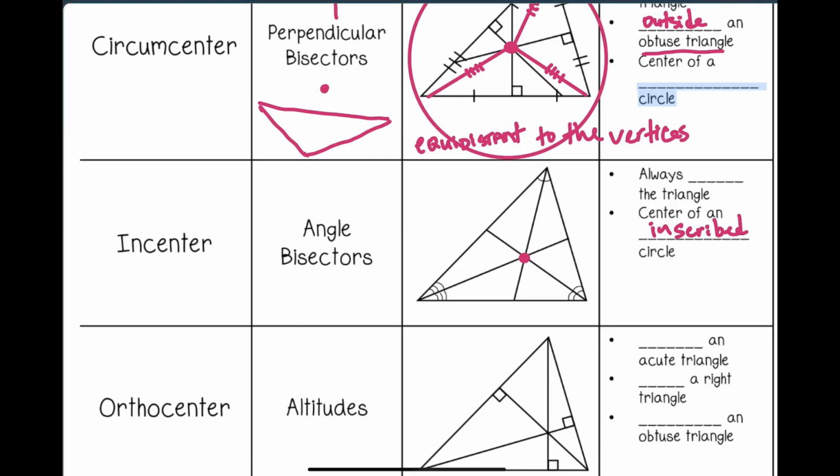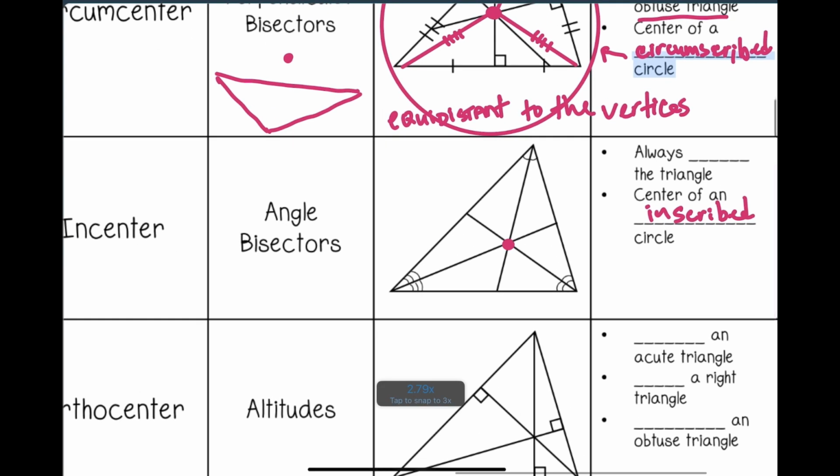So the circumcenter is the center of a circumscribed circle, which is this circle. A circumscribed circle makes a circle in each part. Each angle touches that circle. Inscribed means that it is equidistant to the sides.